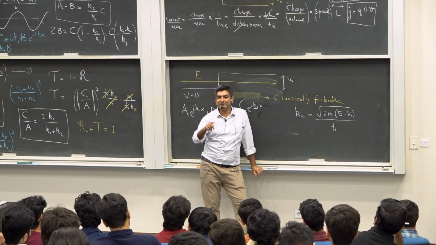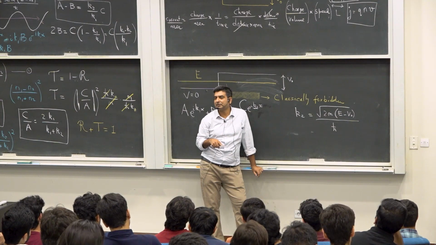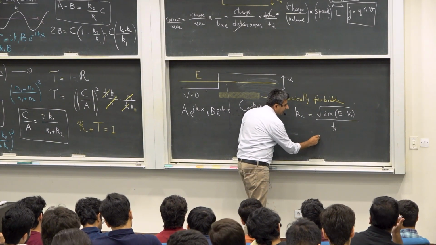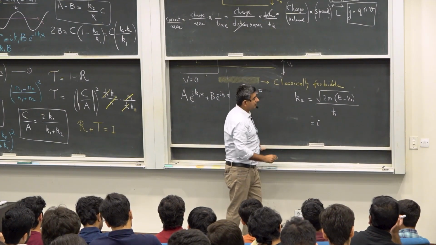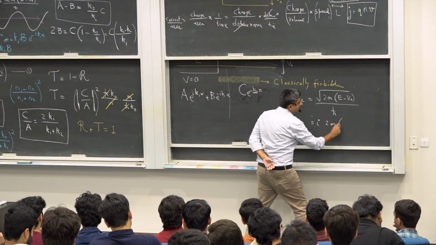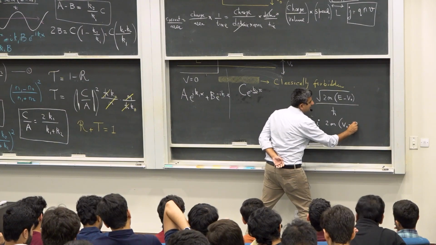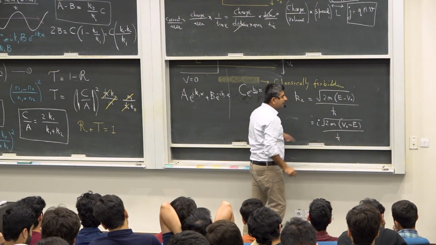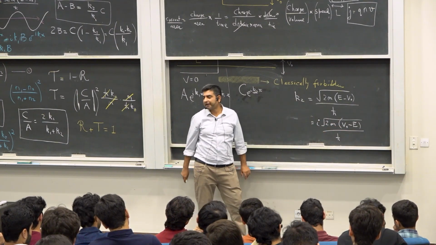And what's the square root of a negative number? Iota. So I could write this as i times root 2m(V naught minus E) over h bar. Correct? Now this V naught minus E is positive. I can do that, right?